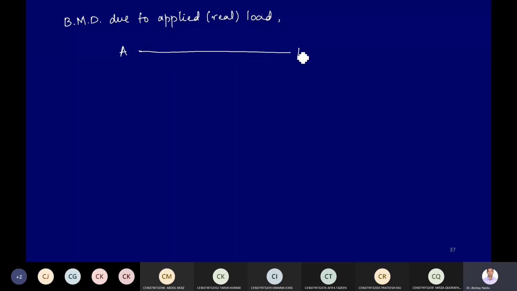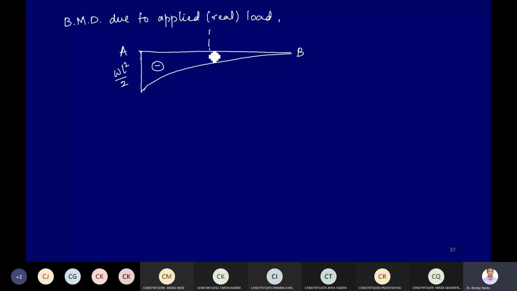Then the bending moment due to the applied load, or real load. Due to the real load, which is a UDL, the bending moment diagram will be a parabola. So it will be WL square by 2 at the end.